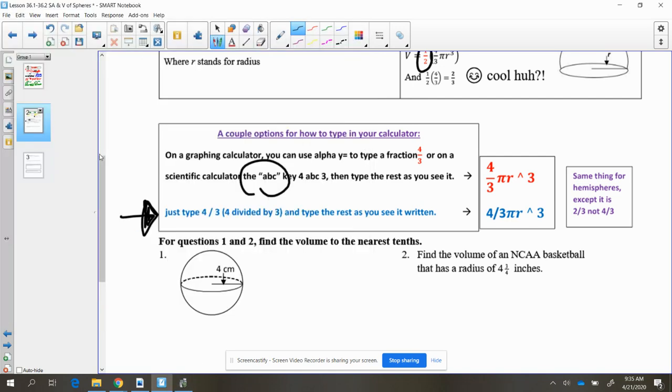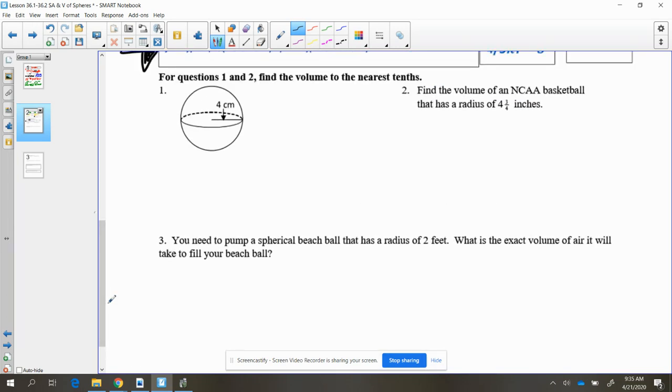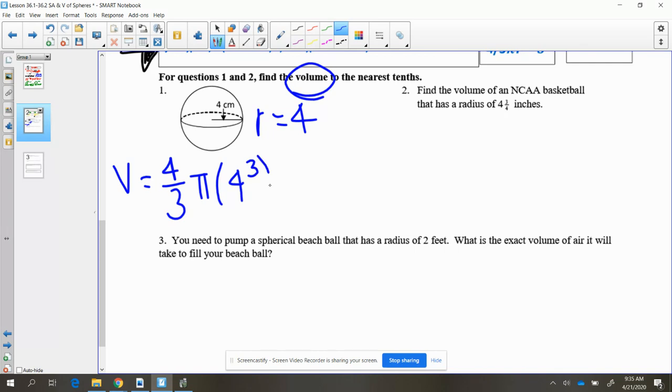Okay. Now, these are actually the exact same problems from the first page. We just now are going to find the volume as opposed to the surface area. So for the volume, again, we need the radius. So it's again 4. And then it's 4/3 pi times that radius cubed.